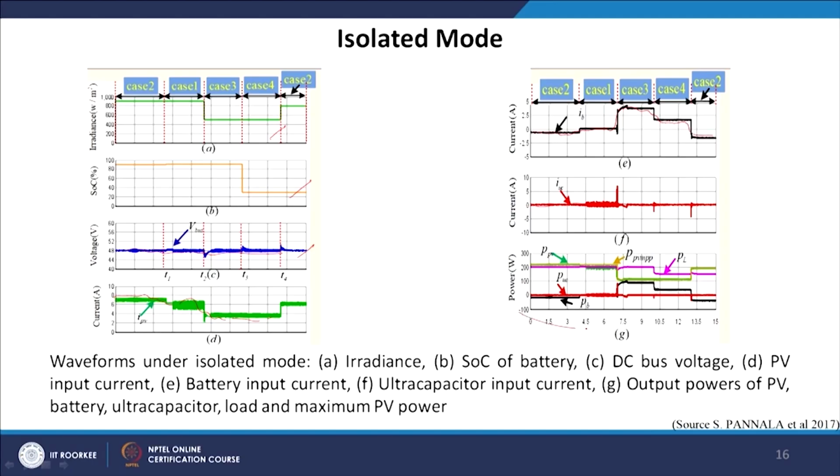This is a superimposed characteristic where the power from the PV, the power during MPP, the load current, ultracapacitor power and power from the battery have all been simultaneously captured.